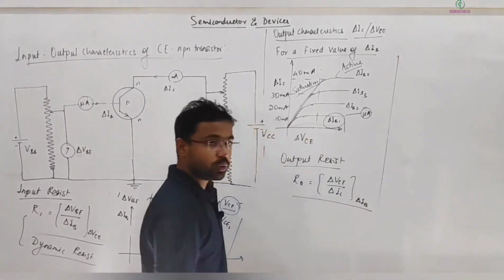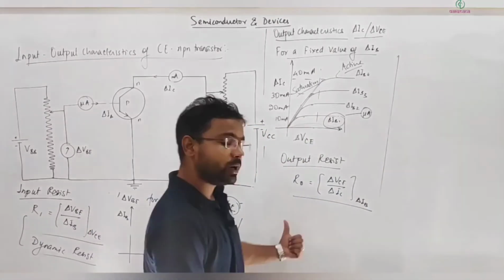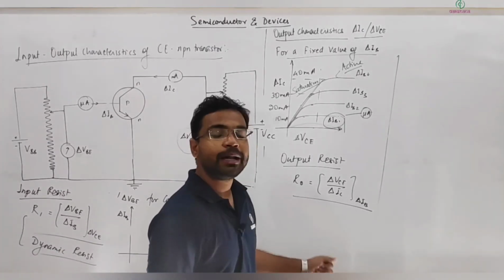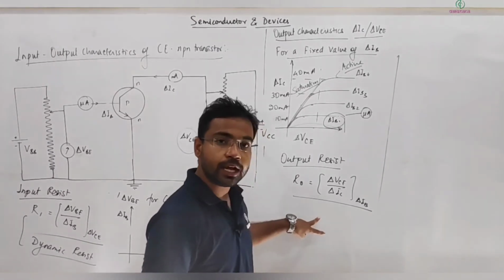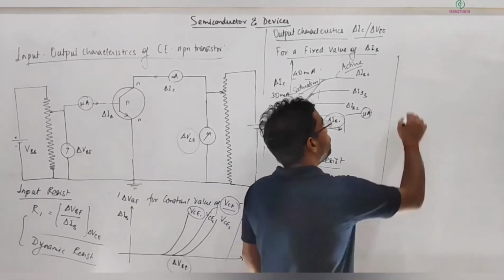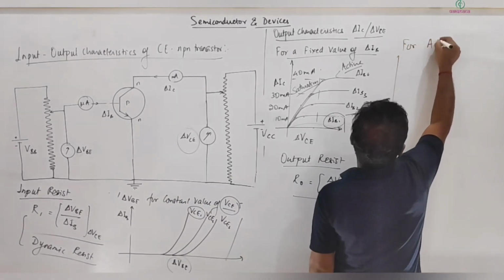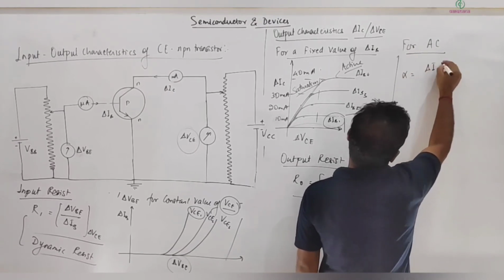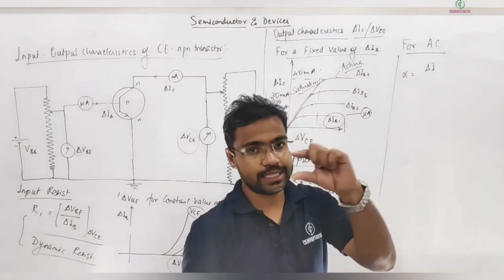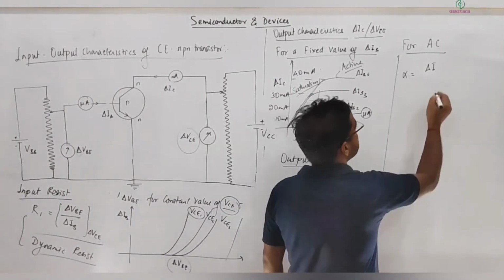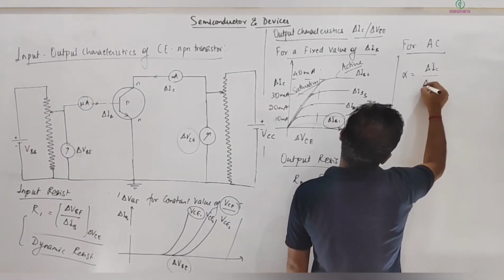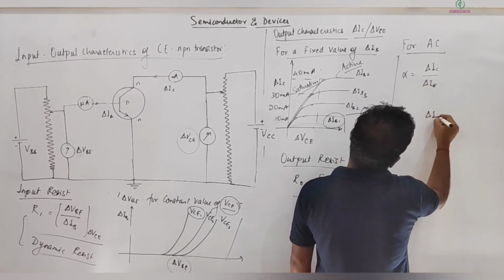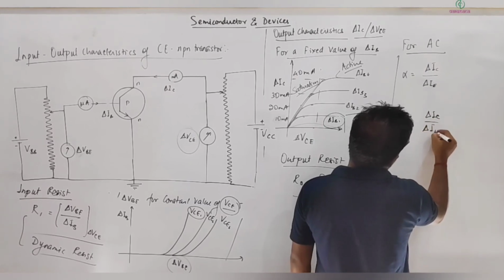And as I told, the alpha and beta parameters for DC: alpha is IC divided by IE, and beta is IC divided by IB. For AC, alternating current, we write the alpha parameter as delta IC divided by delta IE, because here we measure change in the case of AC, and the beta parameter is delta IC divided by delta IB.